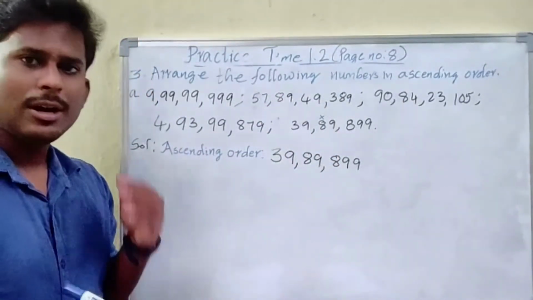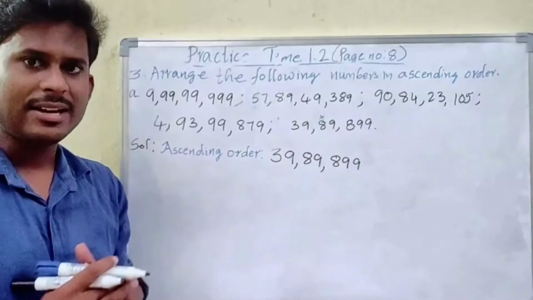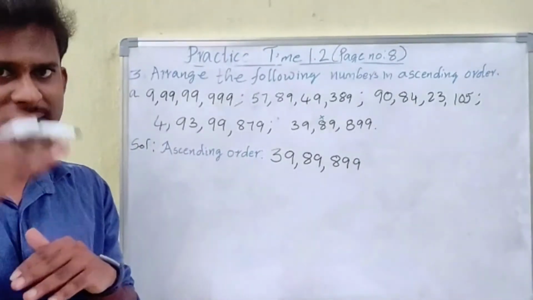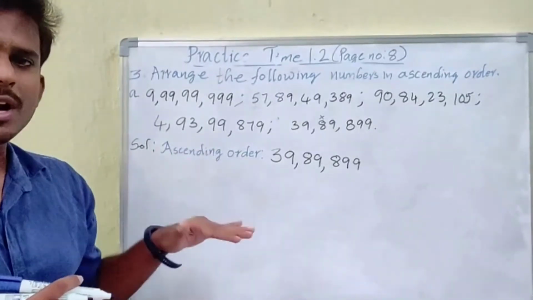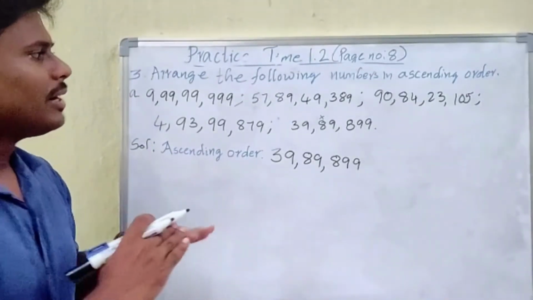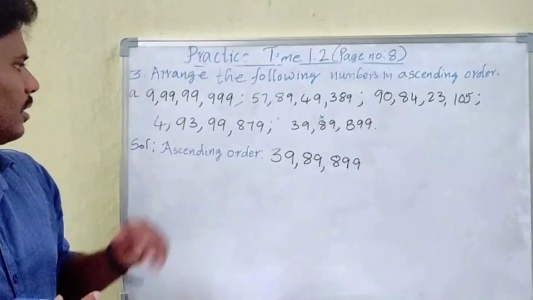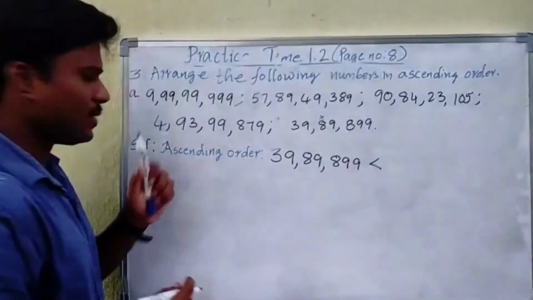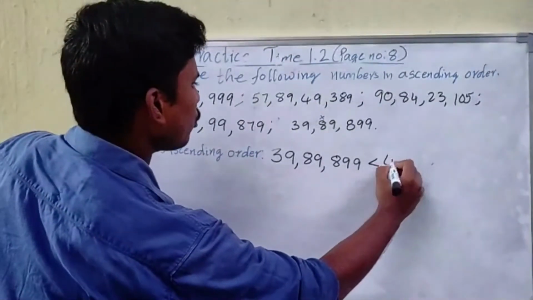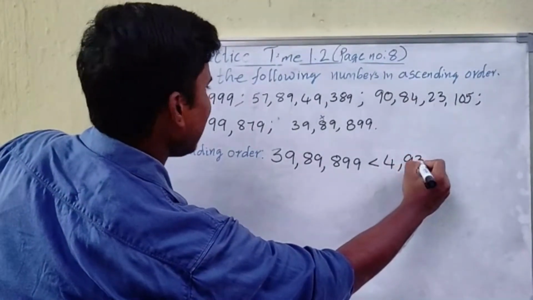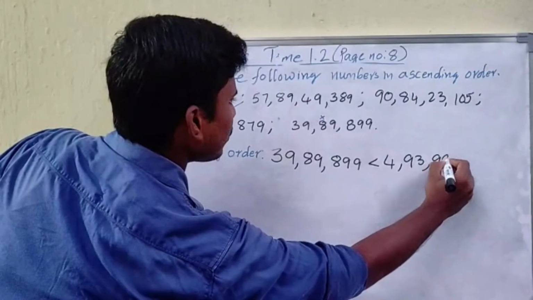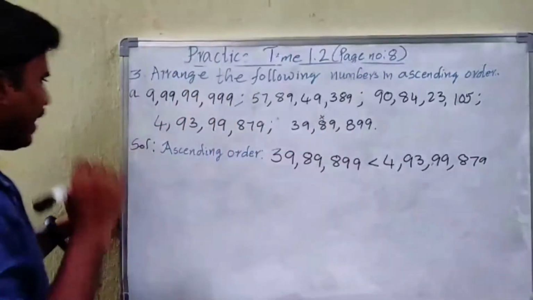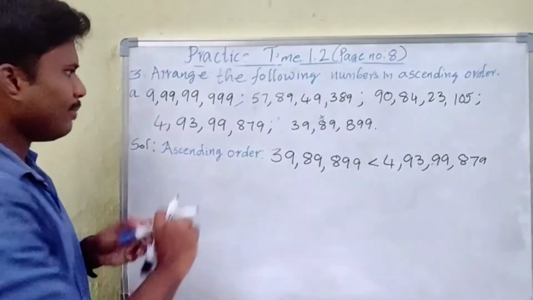Now this is less than which number? We are going from smaller number to greater number. If we compare, the next greater number will be 4 crore 93 lakh 99,879. Okay, we completed this.